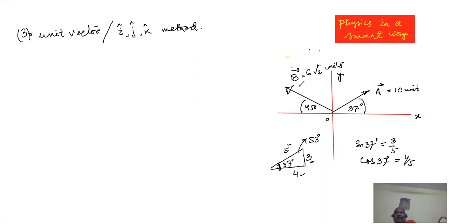Vector B is directed like this, with a magnitude of 6 root 2. Vector A makes 37 degrees, vector B makes 45 degrees. Our basic job, as usual, is to find the addition of vectors, that is A plus B.